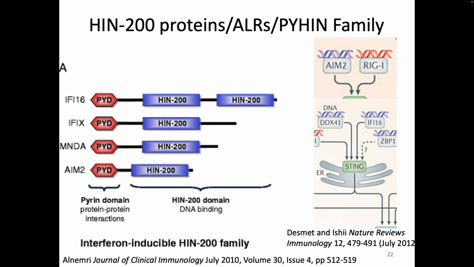In humans, there are 4 members of this family, the 4 of which are shown here. The first one described was called AIM2. So that's why they're ALRs, the AIM2-like receptors. But there are a few others. They all bind to DNA and have a domain that allows for a protein-protein interaction.